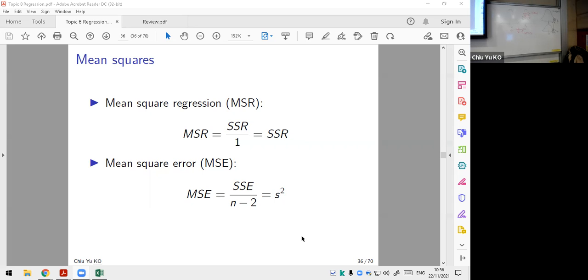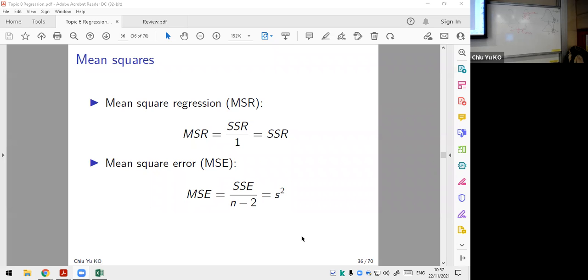We want to see if beta is 0 or not. If beta is 0, then SSR divided by the degrees of freedom is called MSR. MSR should be small, right? Because MSR is the variation explained by the model, right?